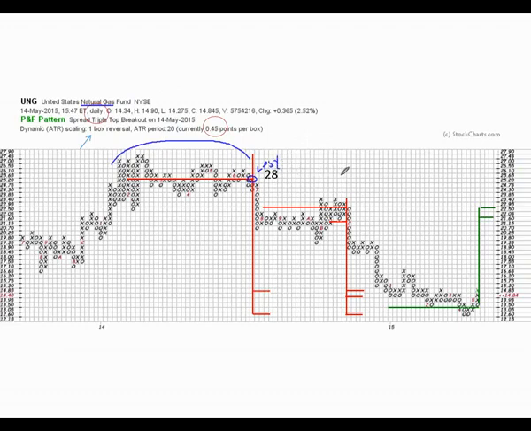And so you can see here that you go down, there's three Os down and then an X up, and that's right on the count line, so it's hard to see. But that last point there is the last push up before the markdown out of the range, where natural gas just goes into a big downtrend.